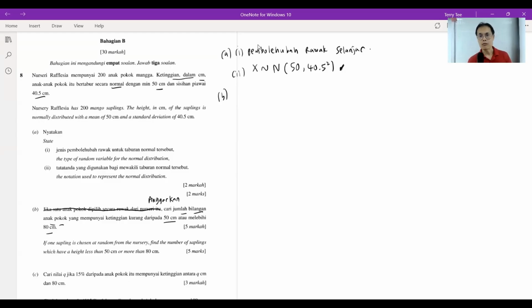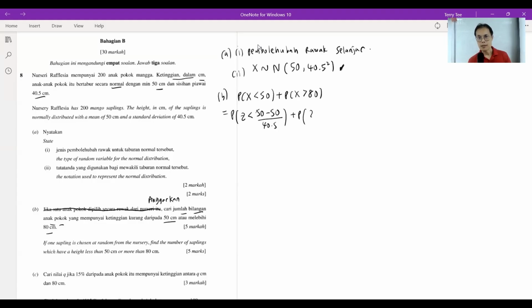So first of all, we need to find out what is the probability of an anak pokok with the height less than 50 or more than 80. Okay, so remember the formula for normal distribution, when you standardize it, you have to minus your mean 50, divide by standard deviation 40.5.